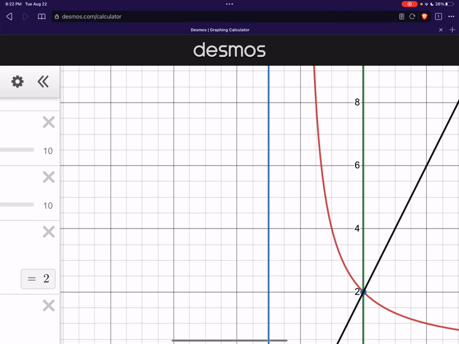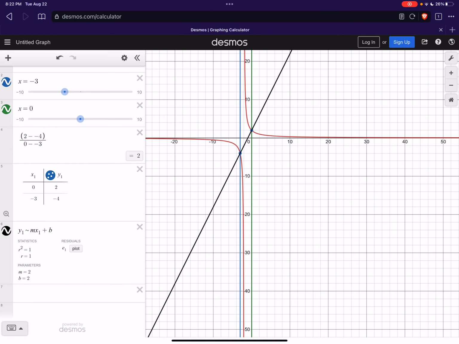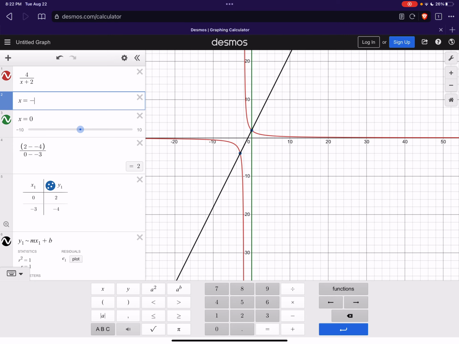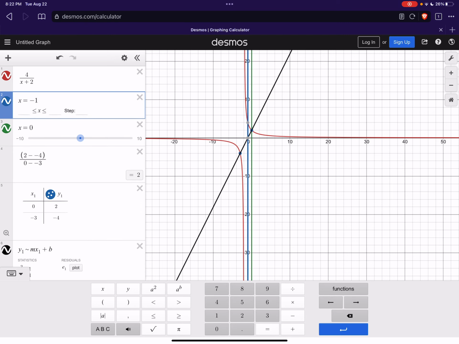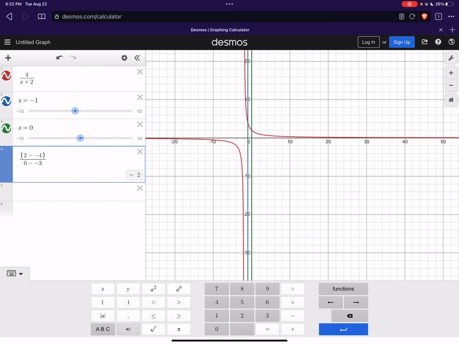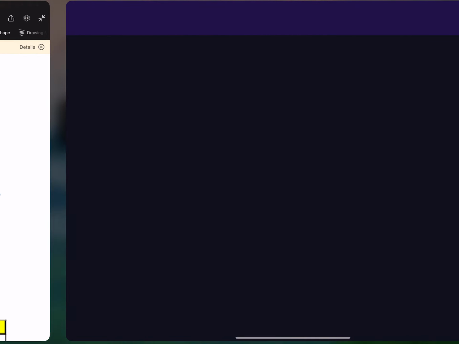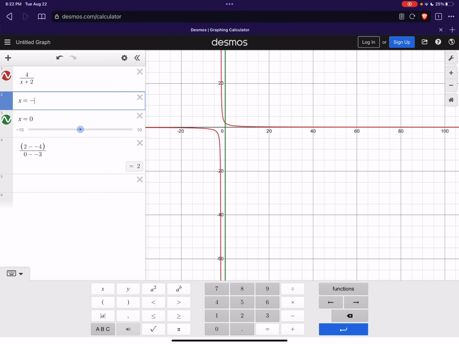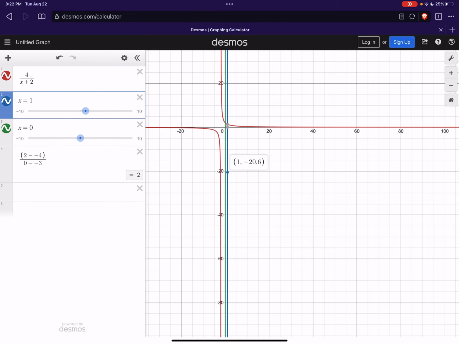Look at B. 0 and 1. I'm going to take off those two now because I'm not using them. Sorry, it's hard to type this in on my iPad.